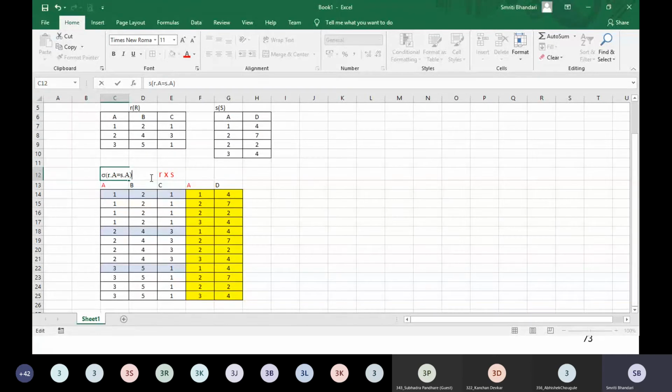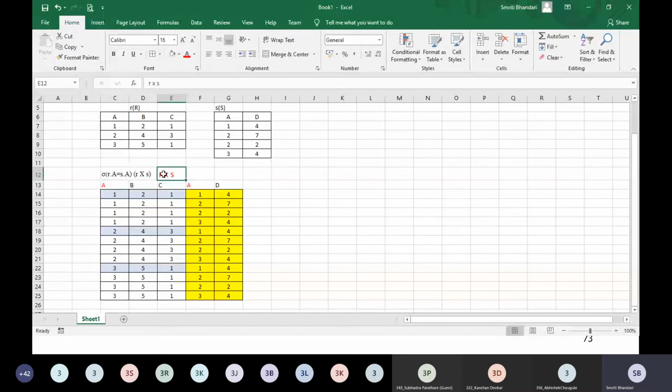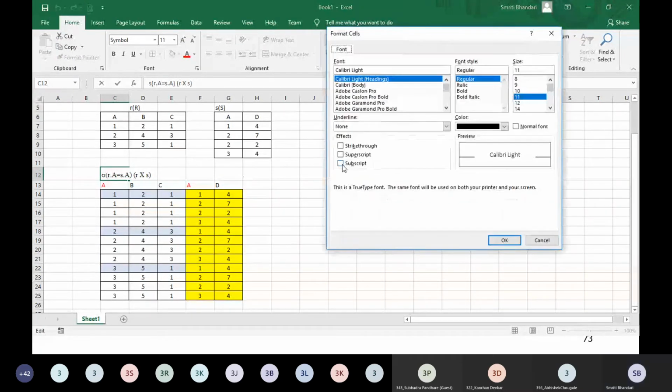So I need to have this condition on the product R cross S. Then only it is possible for me to get something relevant. Otherwise, there are few tuples that will give me some irrelevant data, that is not expected.